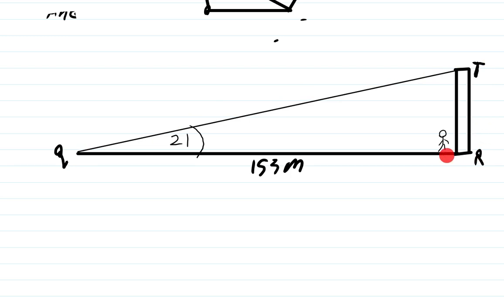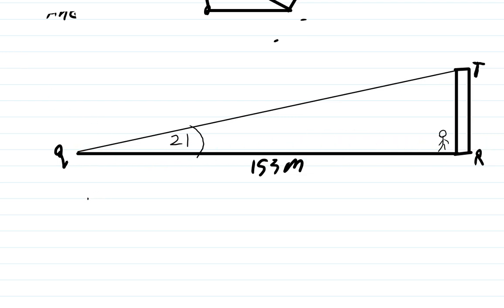This is the triangle, QRT. This height, the post, is on the right. So they are on opposite sides, left and right are opposite. And you have the 153 meters going alongside the 21 degrees. So it's adjacent, right?